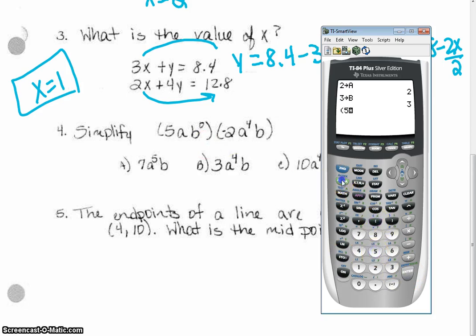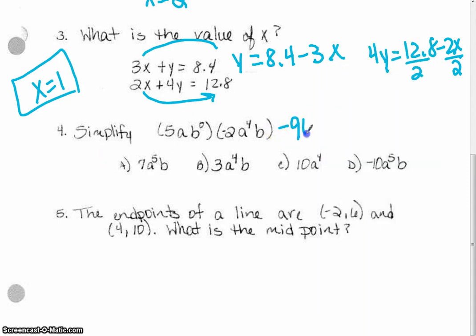Open 5 alpha a, alpha b, rooftop 0, close. Now remember, if you have the different calculator, you got to right arrow to get out of the exponent. Open negative 2 alpha a, rooftop 4, alpha b, close, enter. And I get negative 960.